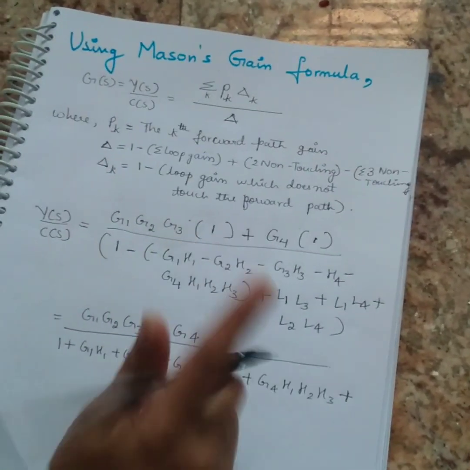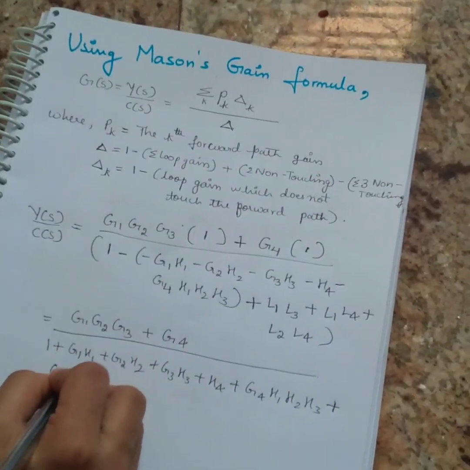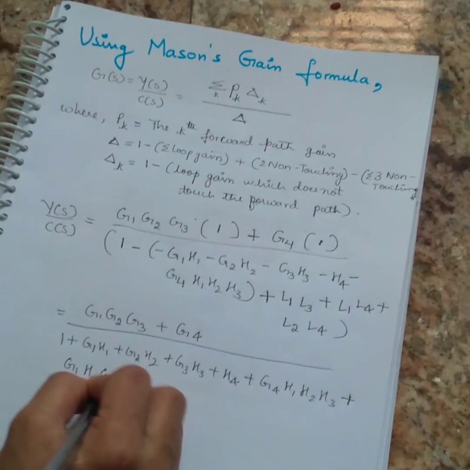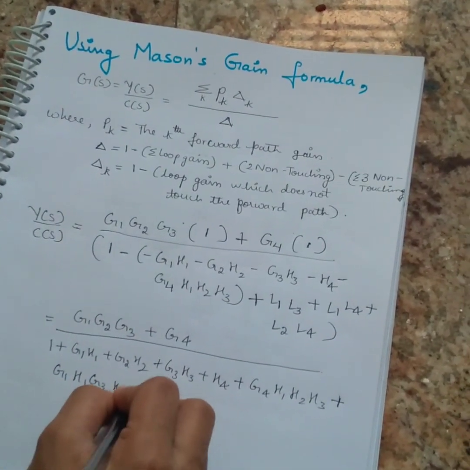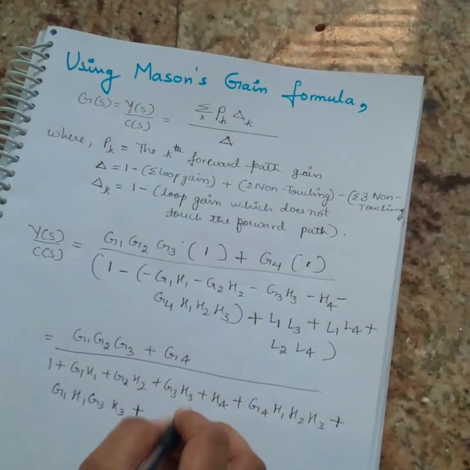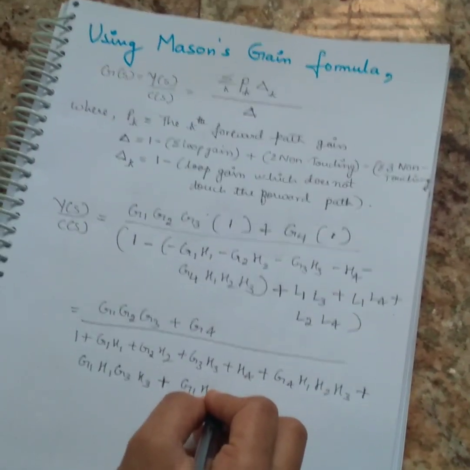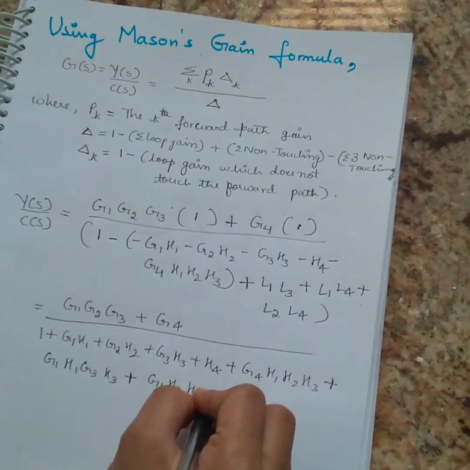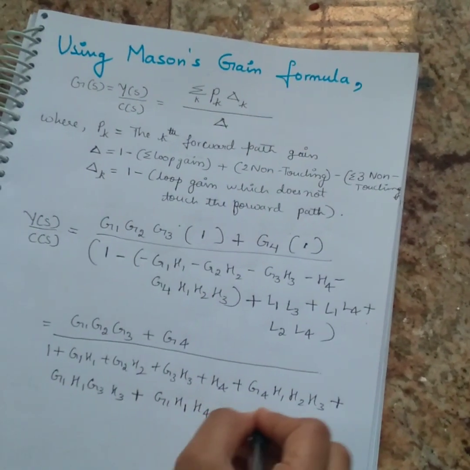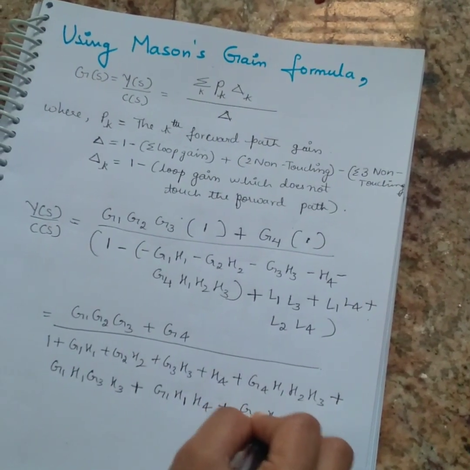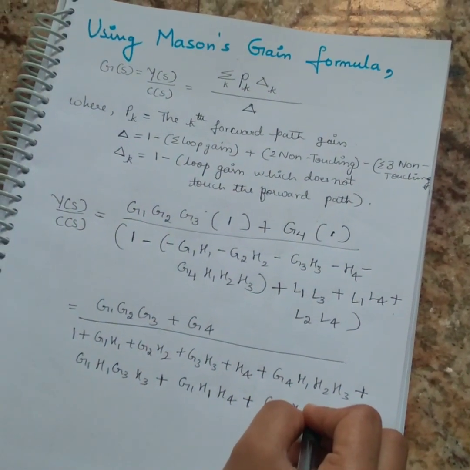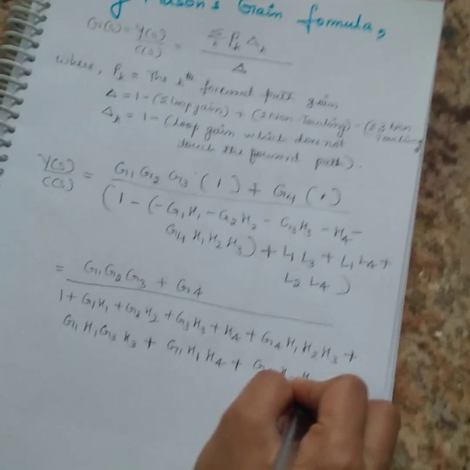What is L1? G1 H1, and L3 is G3 H3. Plus L1 L4, which is G1 H1 and H4, and L2 L4, where L2 is nothing but G2 H2 and L4 is nothing but H4.